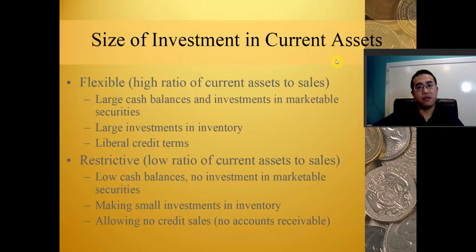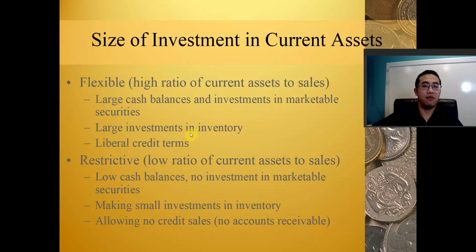Okay, so the size of investment in current assets. If you have a flexible strategy or high ratio of current assets to sales, then you will keep large cash balances and short-term investments. This short-term investment could be in marketable securities or even certificates of deposit, bankers' repurchase agreements, commercial papers, and so on.